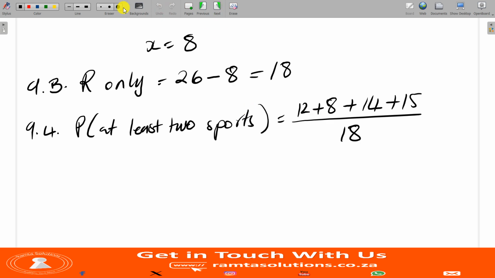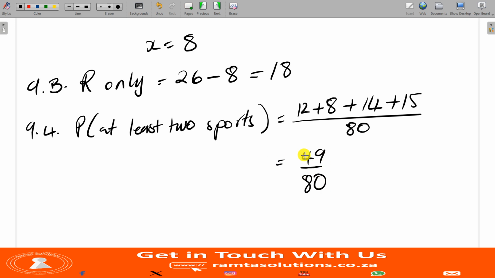So now what is our probability? The sample space is 80. So this is 12 plus 8 plus 14 plus 15 all over 80. What do we get? We get 49 over 80.